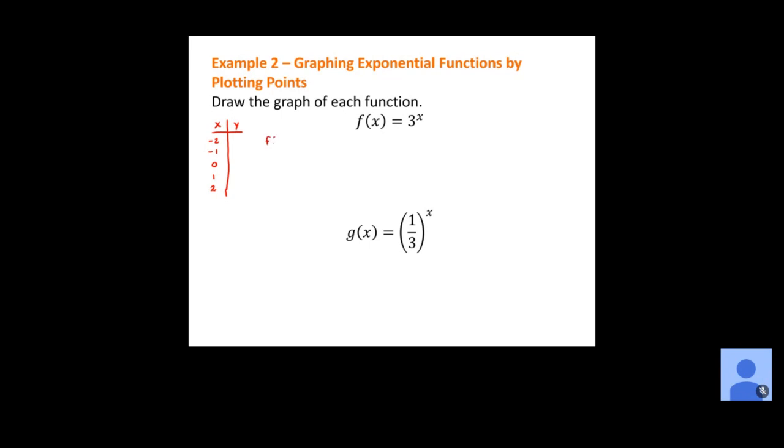So if we find f of -2, again, we're taking the -2 now, we're substituting it into our function, so that's going to be 3 to the -2 power. Now, you could do that in the calculator, get a decimal, that's fine, right? I want to do this by hand, though. Whenever you have a negative value in your exponent, what can we do with it?